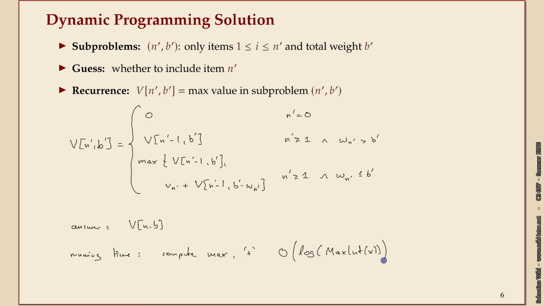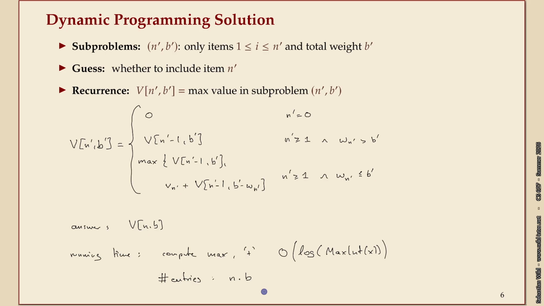Because these are numbers with that many bits, and you have to add them up on a Turing machine. We're in this logarithmic cost model. That's for one of these entries. And the number of entries in the matrix is the overall number of items, and the overall number of entries for the second component is the budget.